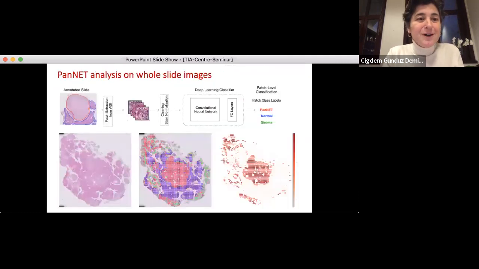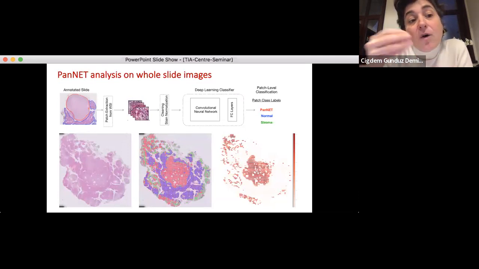But if you want to, for example, analyze the whole slide, of course, you may want to use a segmentation model. But if speed is important, and also if you are processing the identified regions later once more, you may want to go with patch level classification.